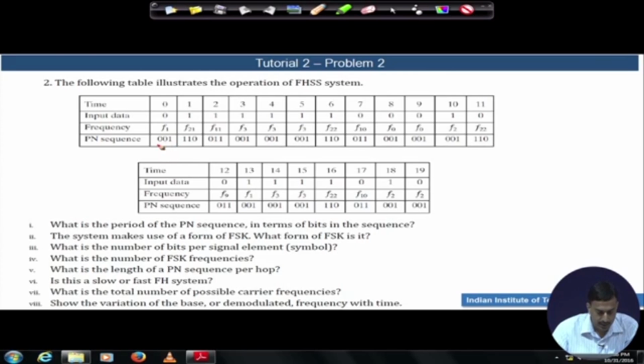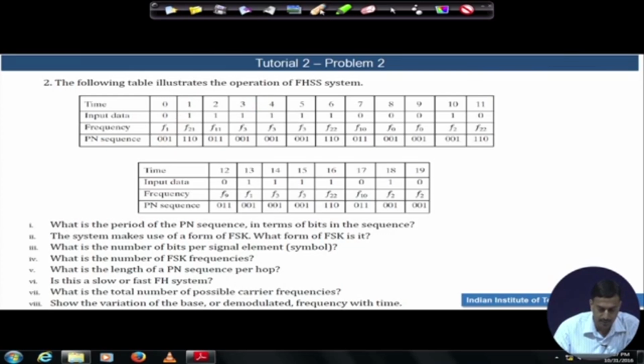Let me just illustrate that. So we see that we have this first set of PN sequences: 001, 110, 011, 001 and 001. We see that this repeats once again, and so on. Let me just repeat this once again.